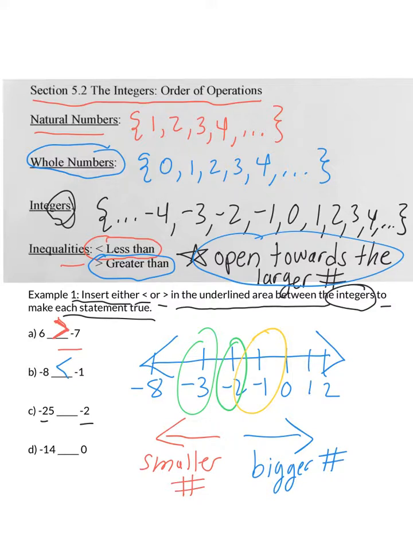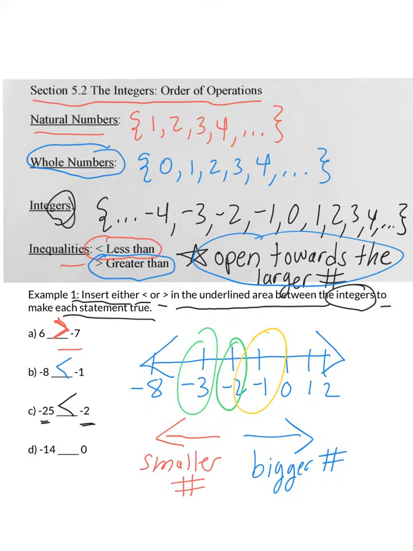So in real life, if I had to choose, would I rather owe $25, be in debt $25, or be in debt $2? Well, obviously I'd rather be in debt $2. So -2 must be the larger number. So I'm going to open towards -2. So -25 is less than -2 is how I would read that out loud.